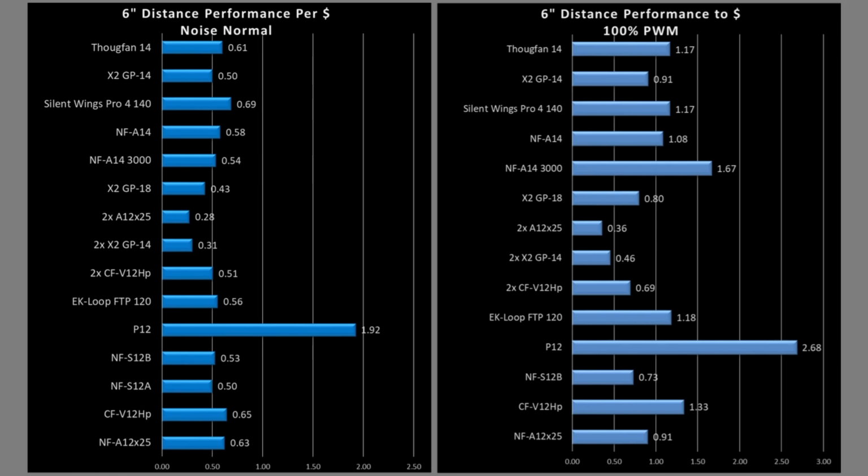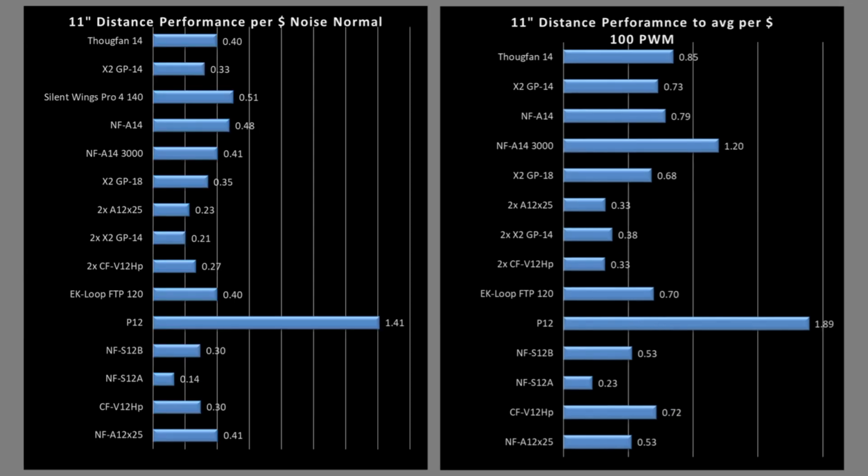How about at the 11-inch mark, which is where we actually saw having more fans really making a huge difference in terms of that airspeed going from the front of the case to the back of the case? Well, right away, we still see that one X2GP14 is way up there in terms of its value.